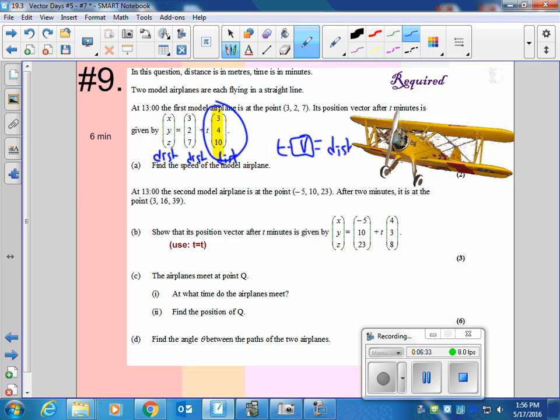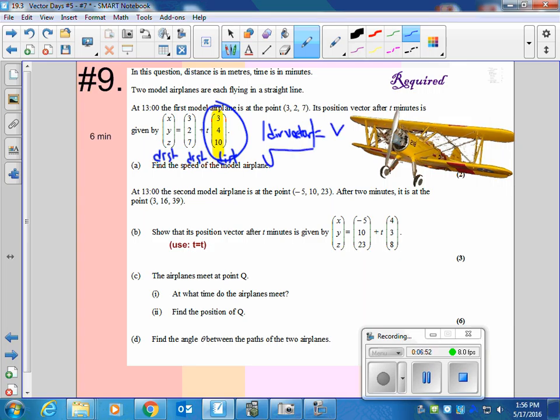So that yellow part I have here is going to be your velocity. So if you find the magnitude of the direction vector, the magnitude of that, you're going to get the speed.